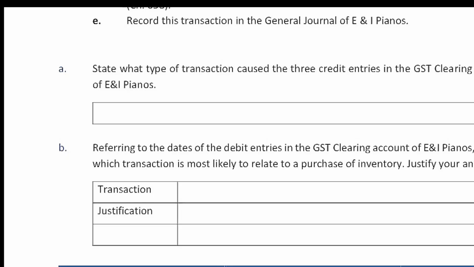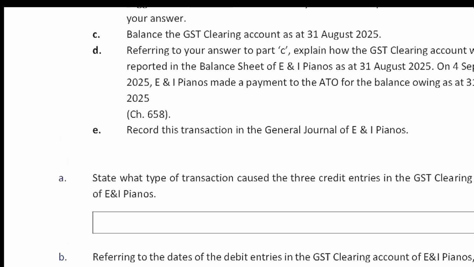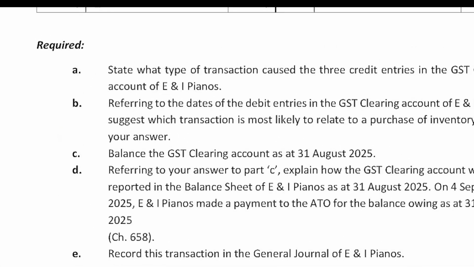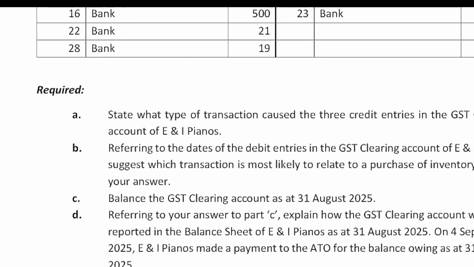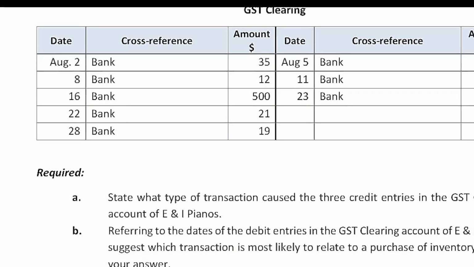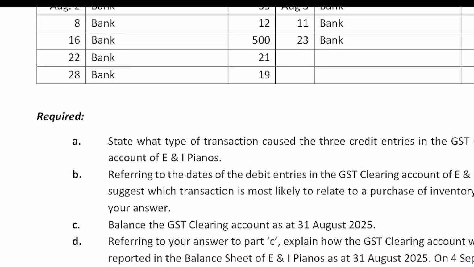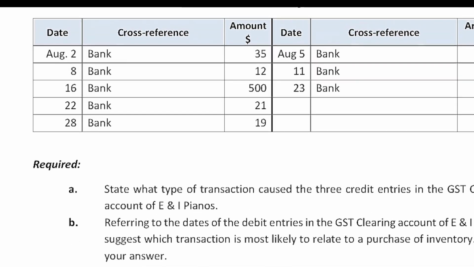Right. Part B. Referring to the dates of the debit entries, you have to refer to the date and tell which transaction is related. In the GST clearing, suggest which transaction is most likely to relate to a purchase of inventory, and justify your answer.